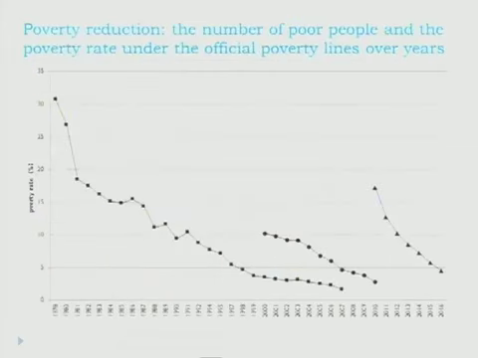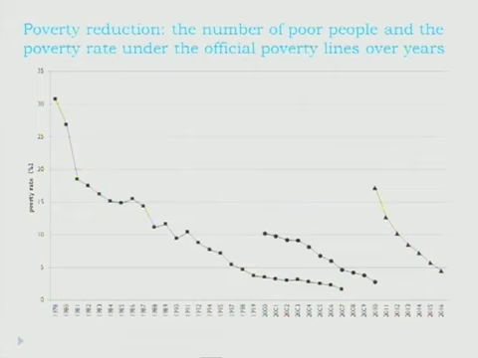So when we look at poverty reduction in rural China, the third line indicates poverty reduction over time, based on the different poverty lines used by the Chinese government.